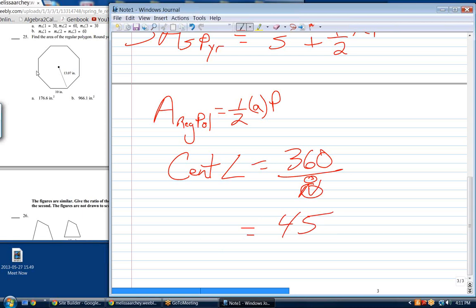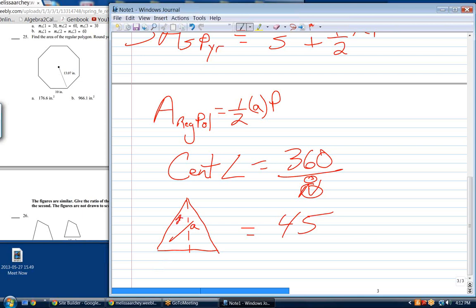Okay. So in order to solve this problem, we need to find an apothem. So first of all, I'm going to take one of these representative triangles that I would get if I connected the center to each vertex. This is 45. Now I'm going to draw a vertical and solve this triangle for A. All right, so 45 gets cut in half.